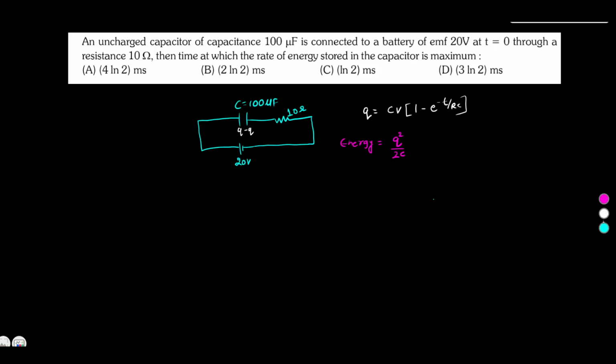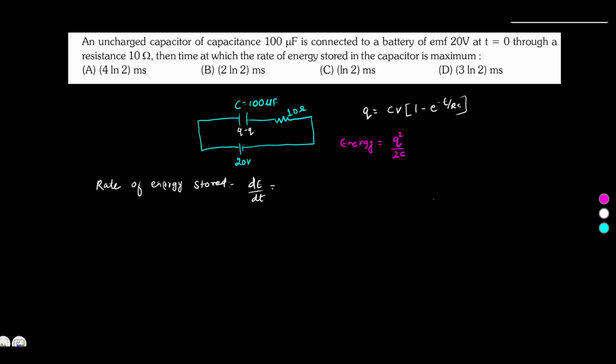Now we have to calculate the rate of energy stored. So the rate of energy stored, I will write as dE by dt.